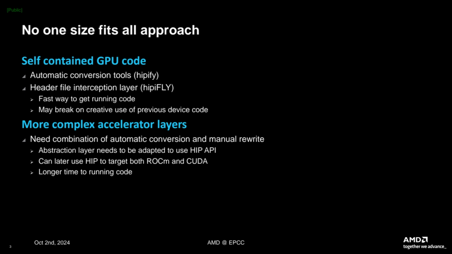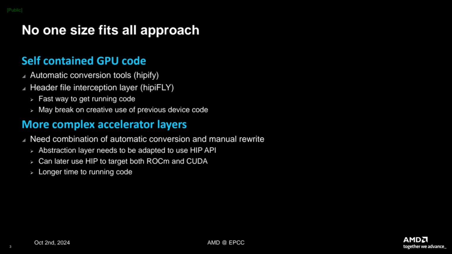So, for instance, if the code is relatively simple and self-contained, it may be possible to use some of the simplest and less painful hipification tools. By hipification, we just mean transitioning from CUDA API to HIP API.